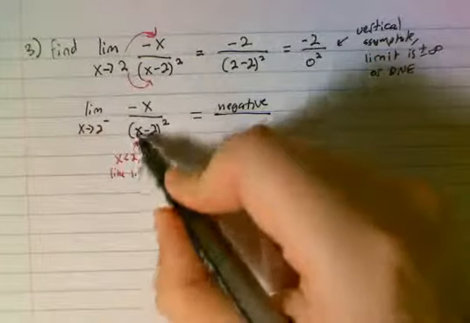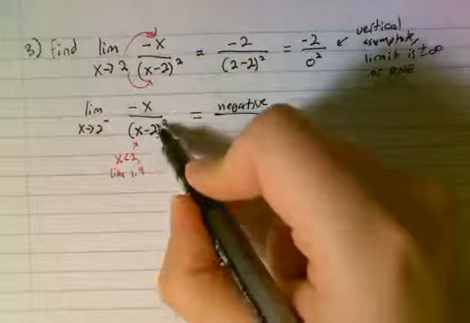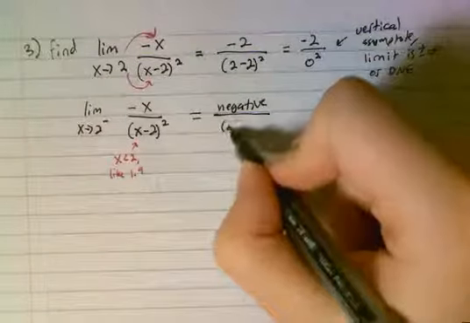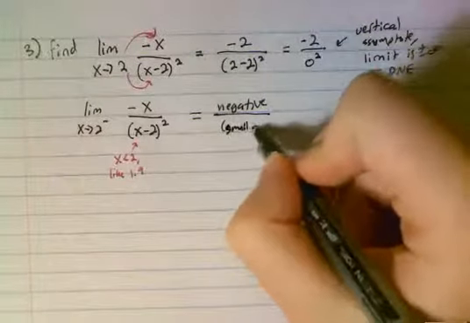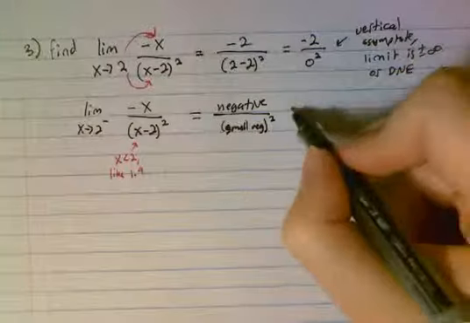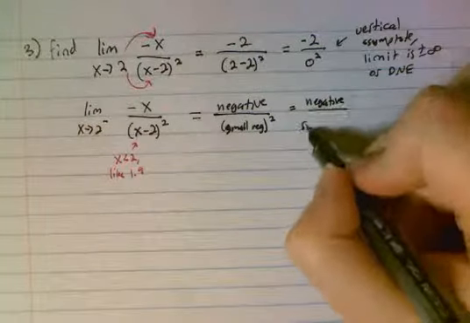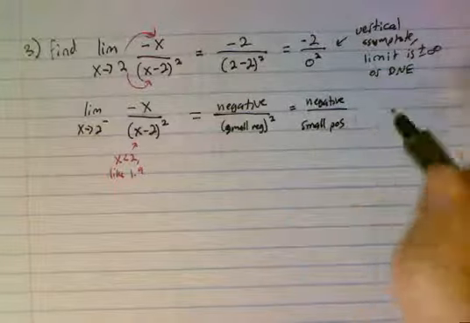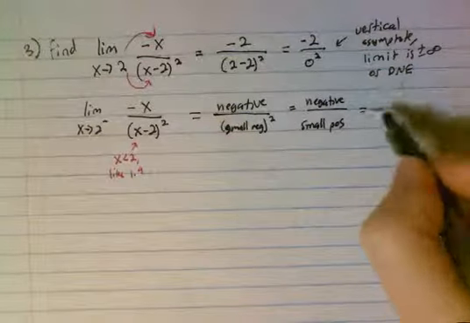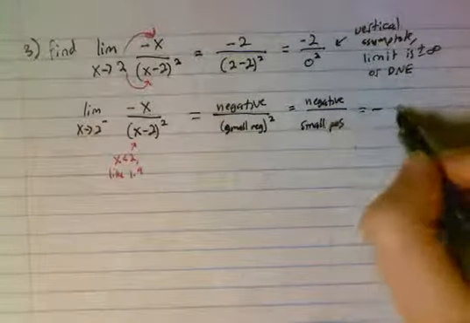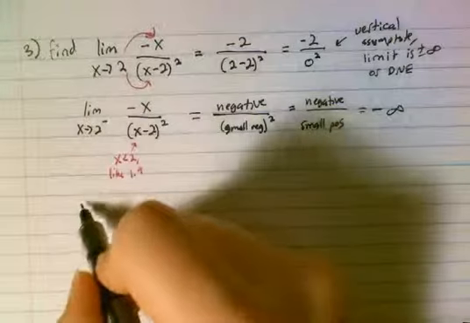Here, 1.9 minus 2 is negative, but the whole thing is squared. So a small negative squared is going to give us a small positive. So negative over a small positive: a number divided by a very, very small number, infinity.